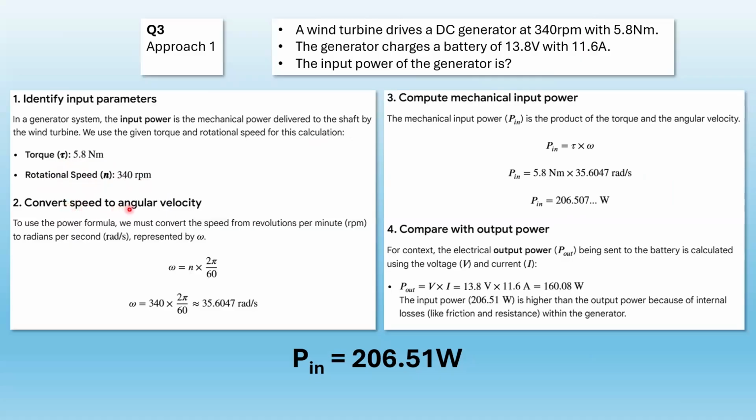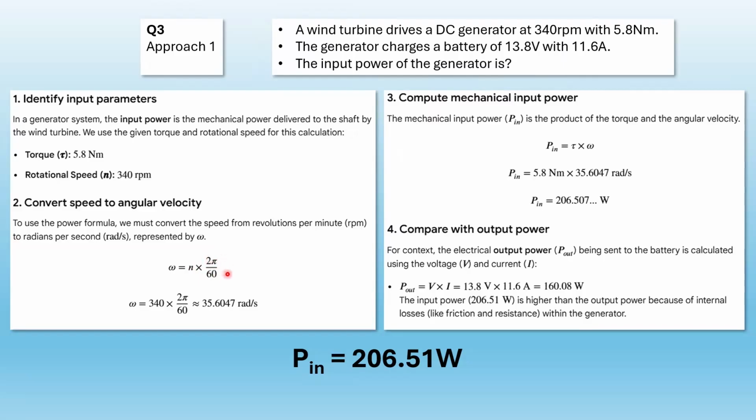Convert the speed to angular velocity. The angular velocity omega equals speed times 2 pi over 60, because that gives us a full rotation: 2 pi radians over 60 seconds.